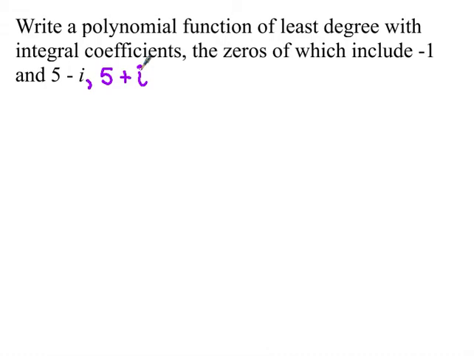So in this case, I have 3 zeros, right? 1, 2, 3. So what's my highest power going to be? 3, right? So now I have to figure out what it's going to be. So this is where things get interesting. Okay, there's your first 0.